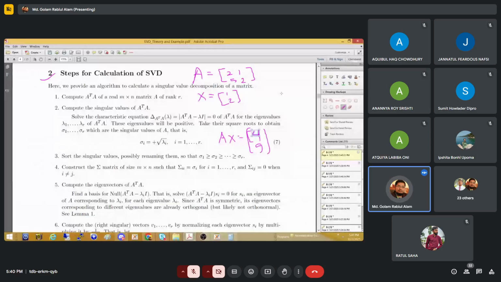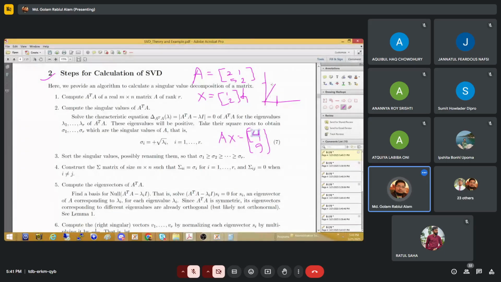It means we have this vector X, which is 1 and 2. Let's say this is 1 and this is 2, and then we can draw our vector.